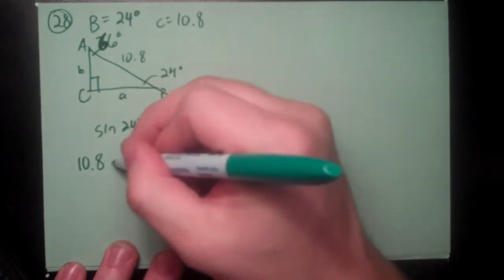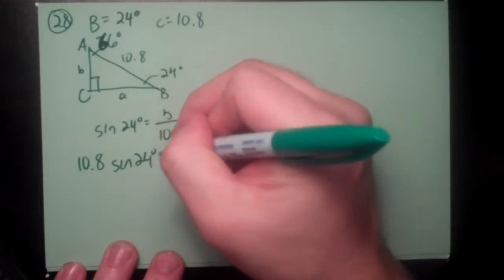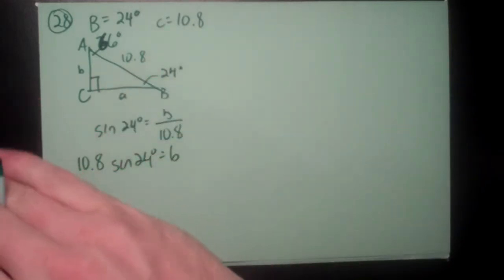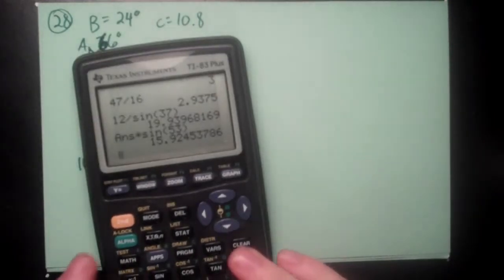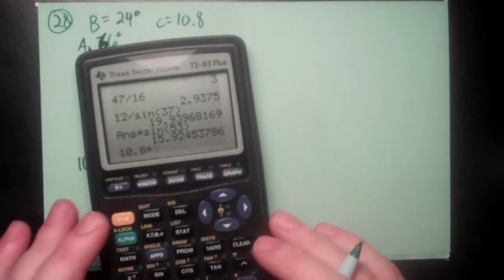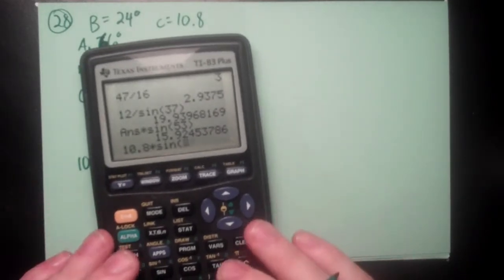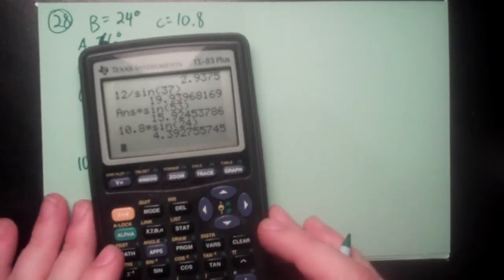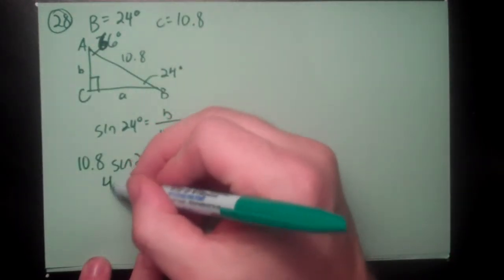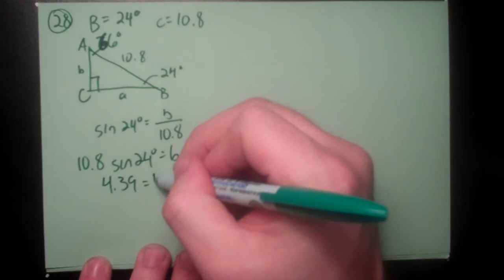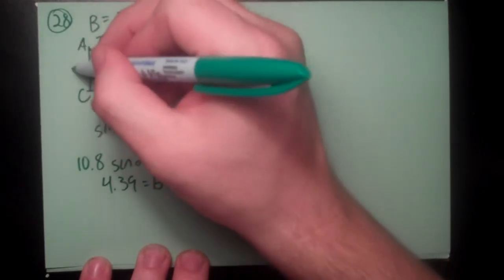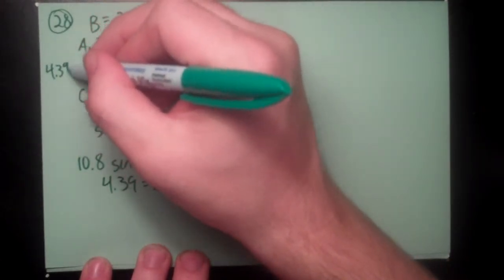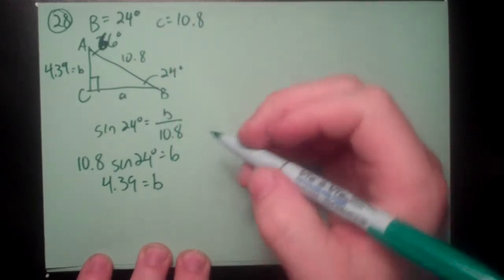Multiply by 10.8 on both sides, and 10.8 times the sine of 24 degrees, that's 4.39.